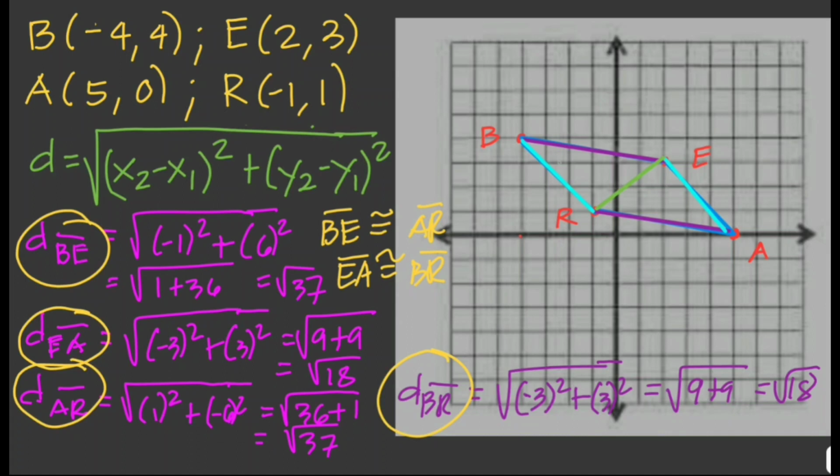So we use the distance formula to solve for the distance of the two points in these two diagonals. So if the diagonals are equal, then that means it is a rectangle, and if they aren't equal, then that means this quadrilateral is a parallelogram.